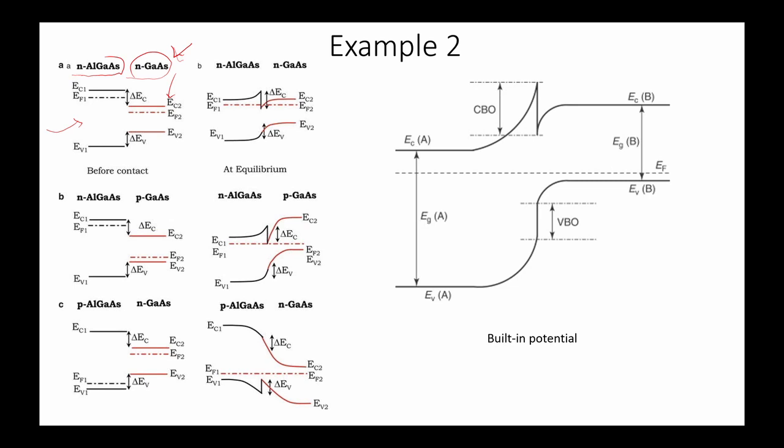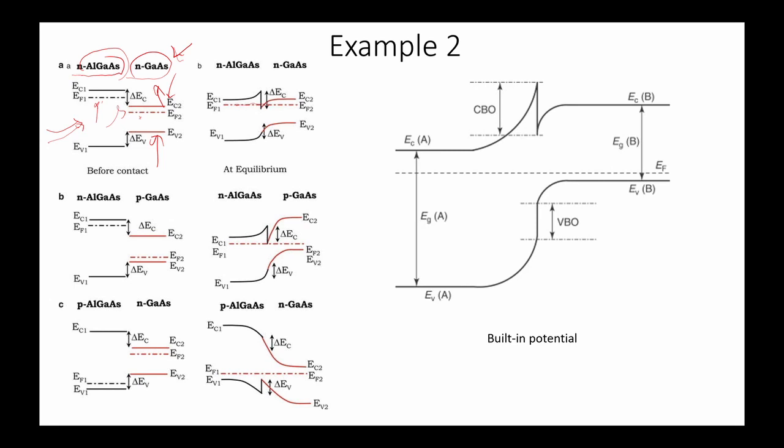Now when we join them, how will the band bending happen at the junction? In this case, the Fermi level is higher in the first semiconductor, so electrons will move from aluminum gallium arsenide to gallium arsenide to align the Fermi level.